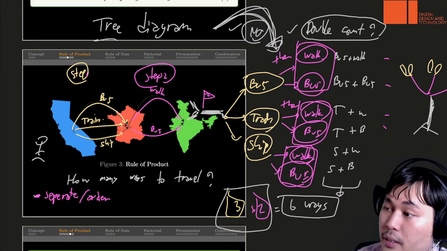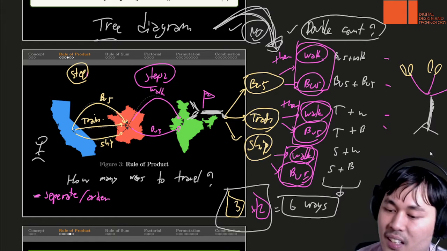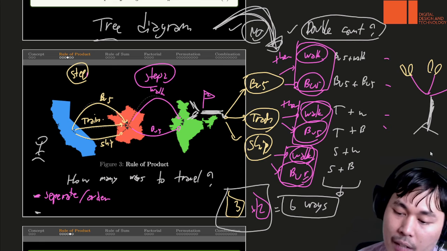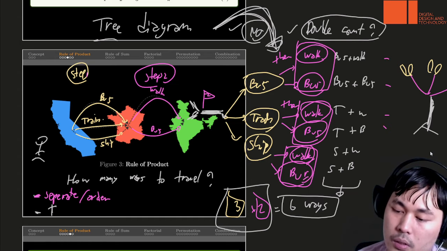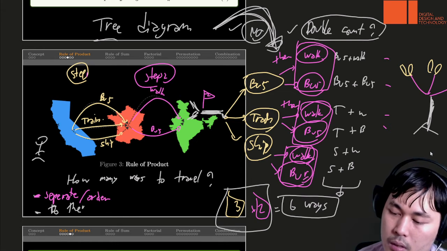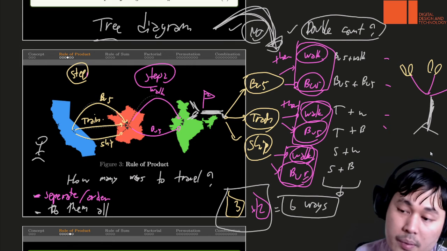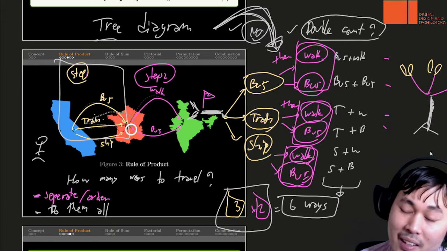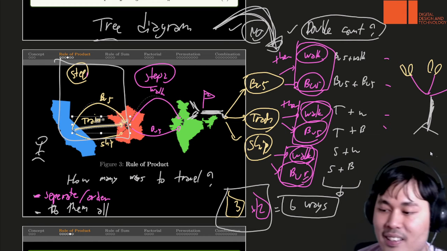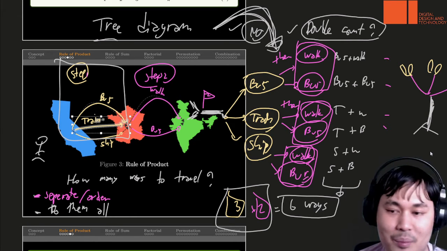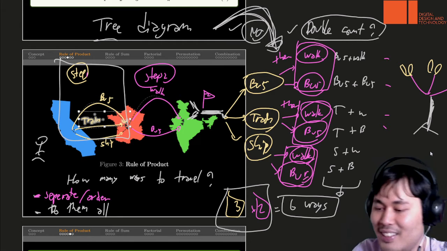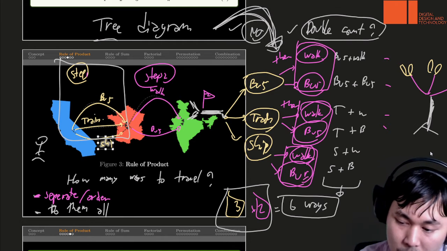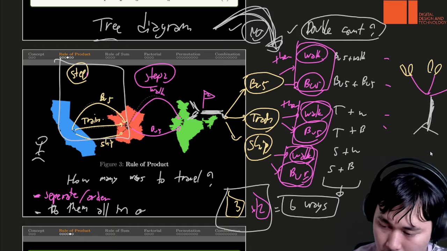That's one quick requirement. And second, we have to do them all. This means you cannot just stop at step 1. You cannot just say, oh, I go to the orange country and it looks nice, so I stay there, I don't move, and then I go back home. No, you have to do step 1, do them all and in order.